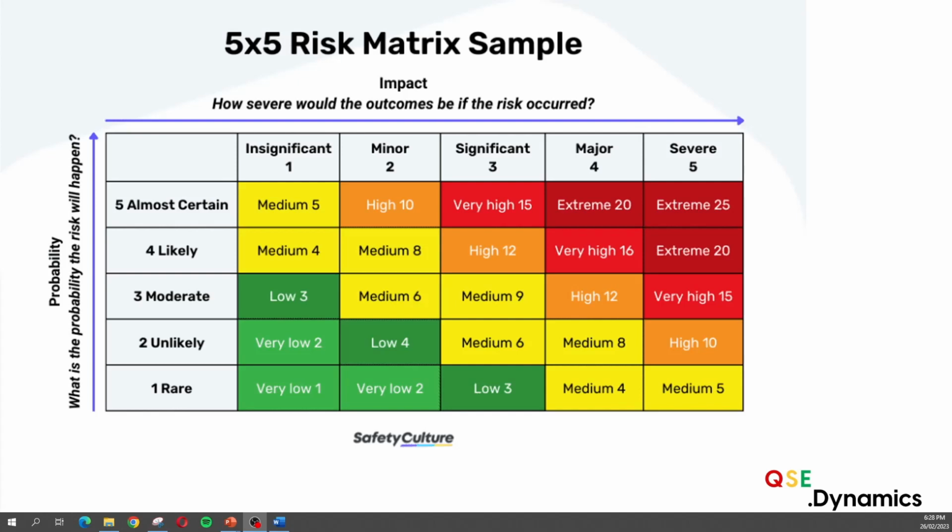One thing that I'm not necessarily that big of a fan of in general is when you have a scoring system which doesn't let you trace back what the classification was. And in this case, if we have a look at our 8 mediums, that's a good example. So an 8 medium could mean that something is likely but have a minor impact, but it could also mean that something is unlikely and have a major impact. And personally, I like being able to see the difference between those two.